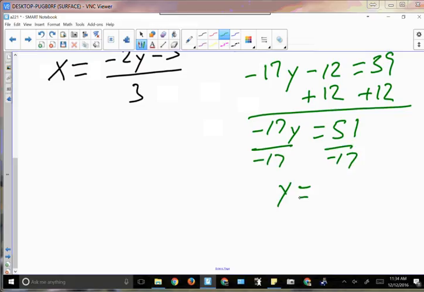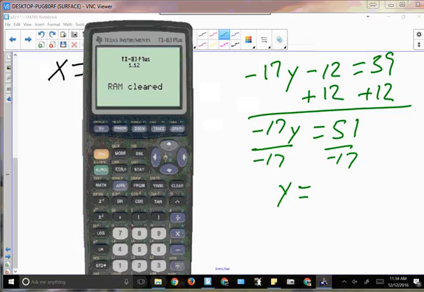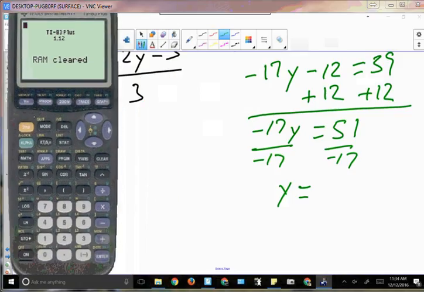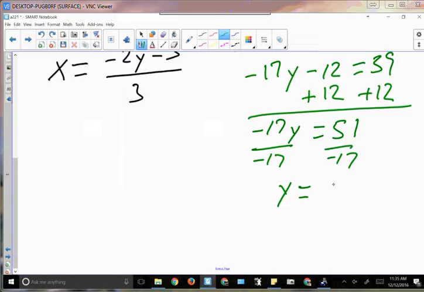Y is equal to, now, just for the sheer luck of it, I'm going to check 51 divided by 17 because I'm just hoping it comes out to be a nice number. And how do you like that? It turns out to be a nice number. You can always go and check just to see if that's going to happen. So y turns out to be equal to negative 3.